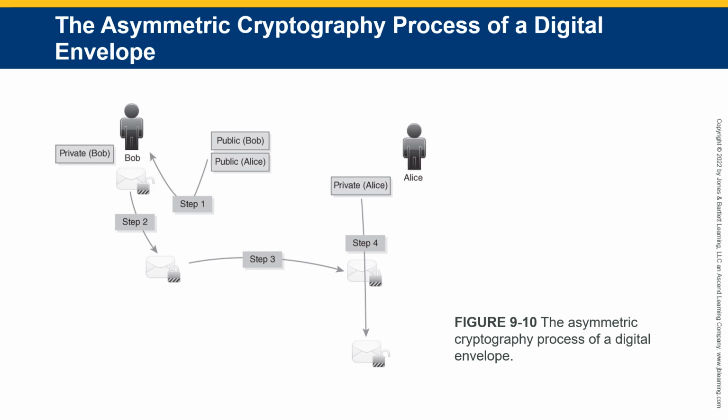Alice then uses her private key, because Bob used Alice's public key to encrypt the message, and Alice can use her private key to decrypt that traffic. Very simple. Once it's encrypted, nobody else can decrypt it but Alice.